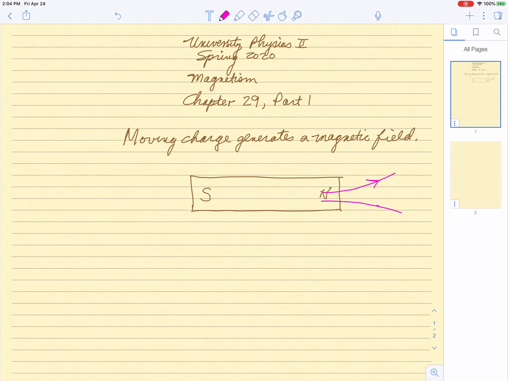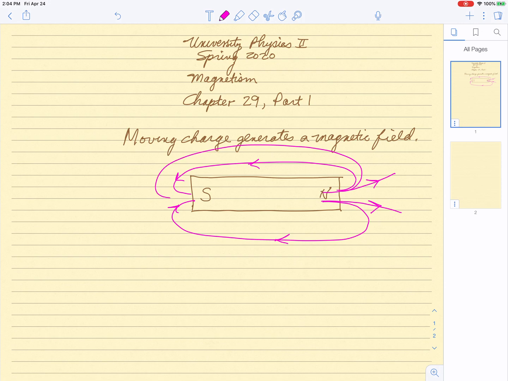And so we can very well imagine that magnetic field lines are emanating out of the north pole and terminating on the south pole, and we can imagine a whole host of these.